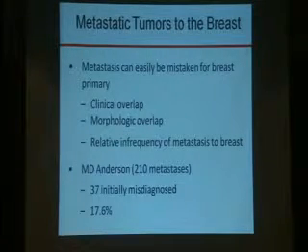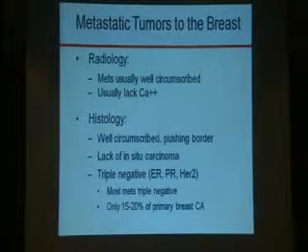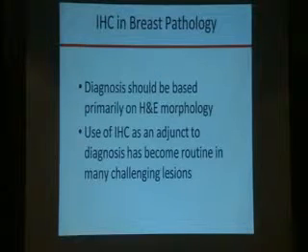Presence of clear-cut DCIS obviously is an indication for primary breast carcinoma, but again, we have to be careful on that. Presence of well-circumscribed pushing borders is a favorable feature for metastases, but we can have breast primaries.